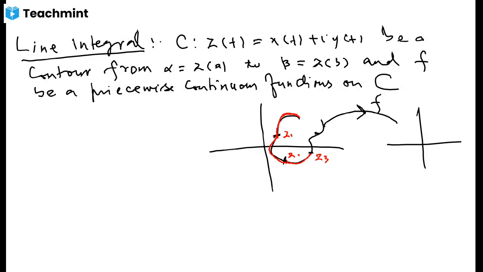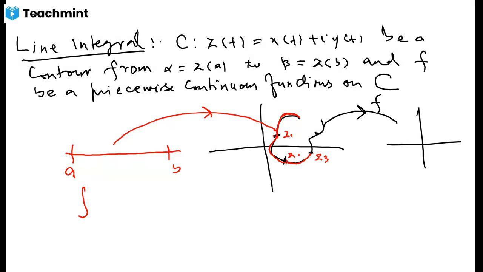But how are we going to define its integration? Remember, you have this contour. What is this contour? This contour has a domain, a certain parameter interval [a, b]. So how are we going to define the line integral?